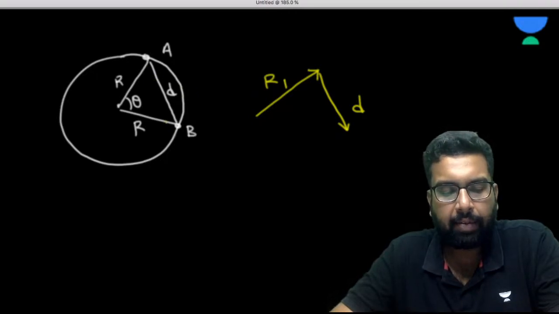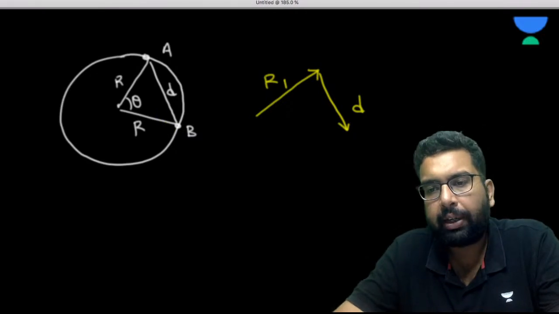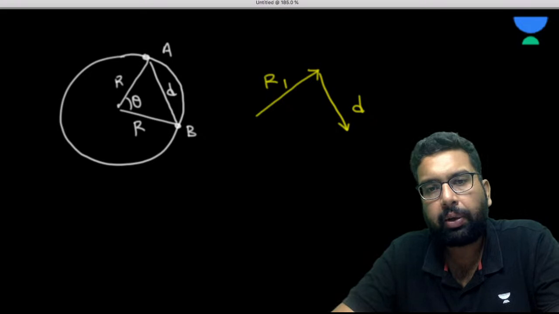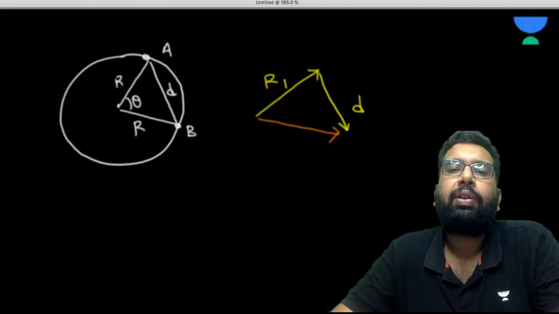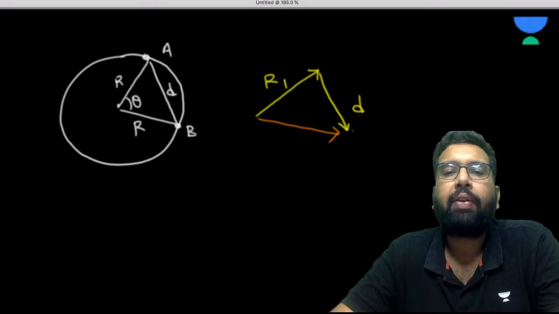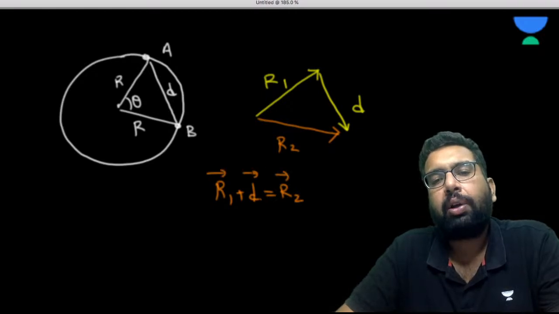And then we have the resultant, from the tail of the first vector to the head of the last vector. So can we write R1 plus D is equal to R2, right?